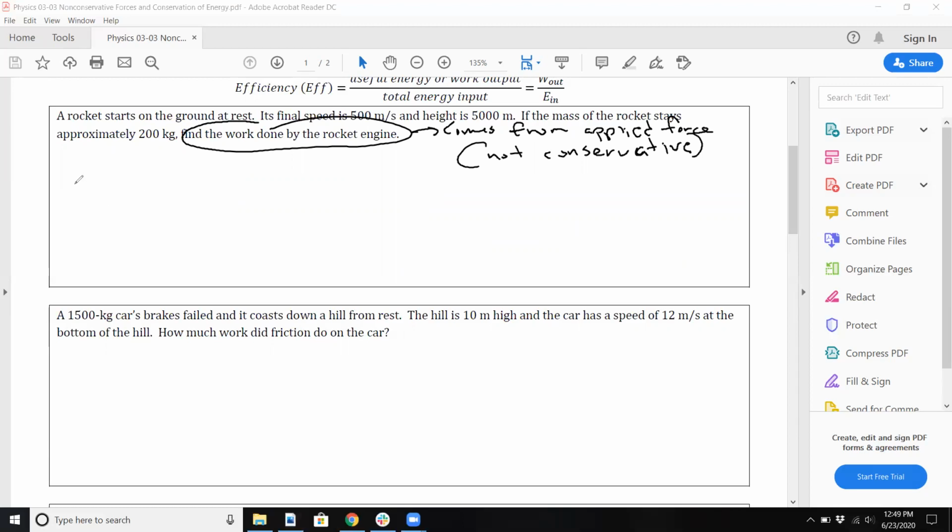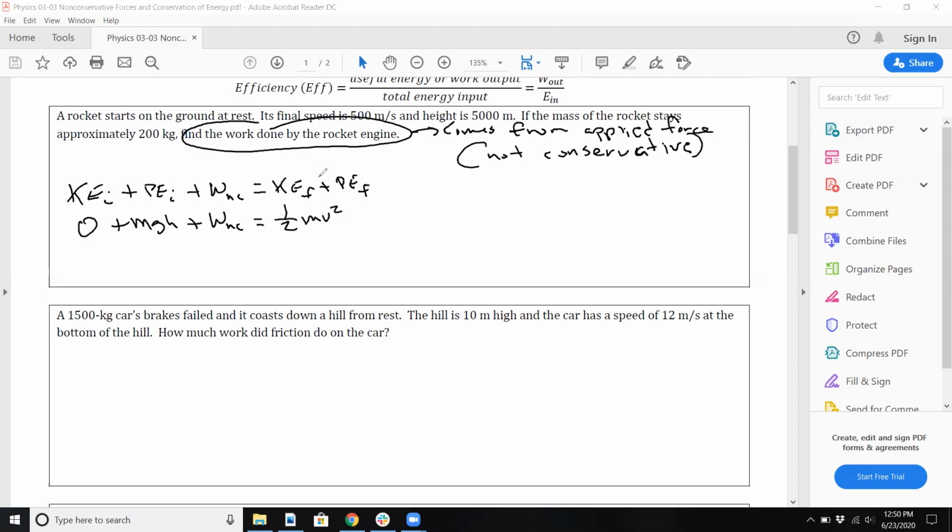So we're going to do this: KEI plus PEI plus our work that's not conservative equals KEF plus PEF. So you're starting at rest, so that's going to be 0. That's going to be MGH. We're going to work this out in just a bit. KF is going to be 1/2 mv squared.